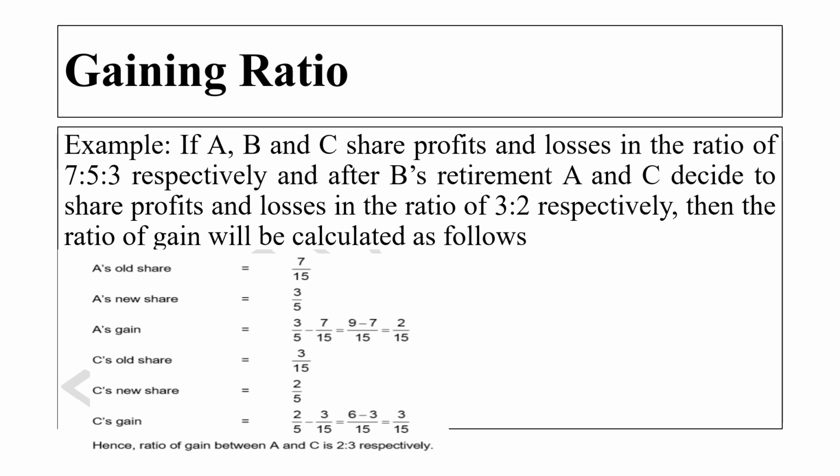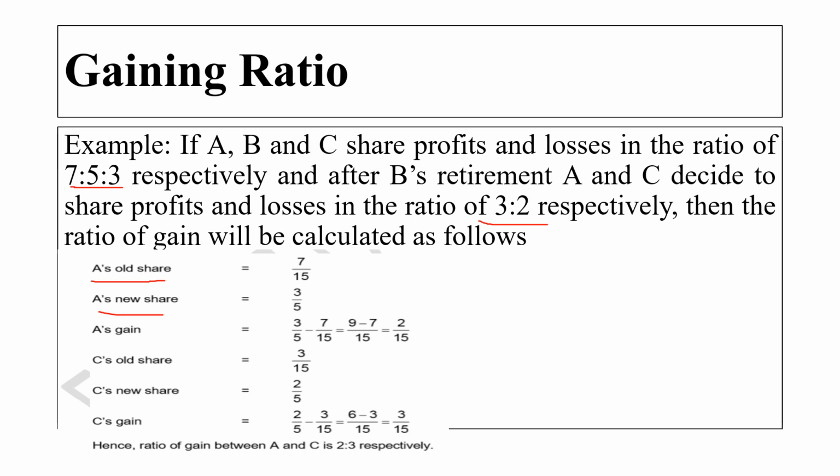Here is the example of gaining ratio. If A, B, C share the profit and loss in the ratio of 7:5:3 respectively, and after B's retirement, A and C decided to share the profit and loss in the ratio of 3:2 respectively, then the gaining ratio will be calculated as follows. A's old share is 7/15, and A's new share is 3/5. The gain A is getting is new share minus old share, that means 9 minus 7 over 15.